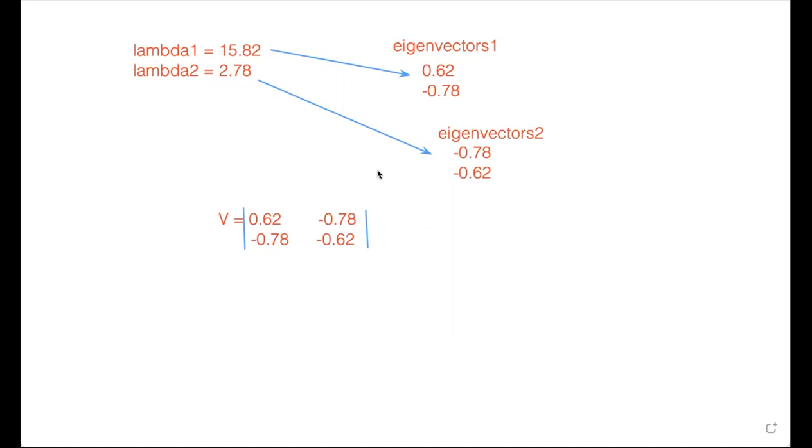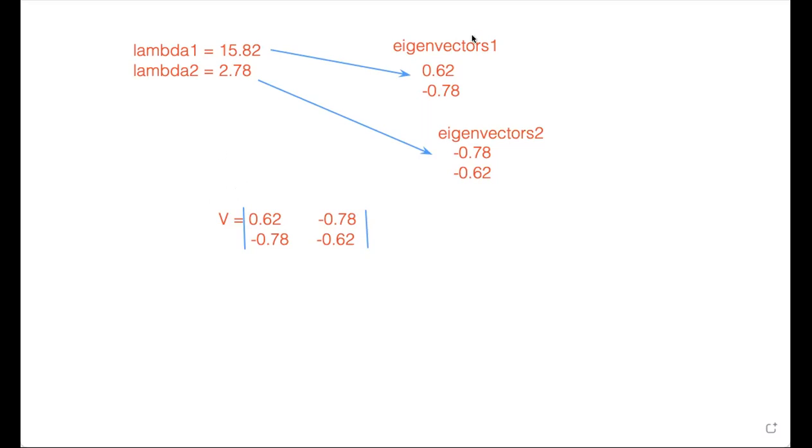Okay, because we already get the largest eigenvalue, which is 15.81, the eigenvector that corresponds to this eigenvalue is 0.62 and minus 0.78. Then the total variance that is explained by PC1 will be 85%.